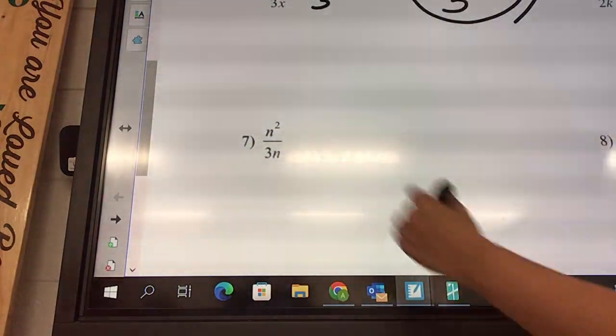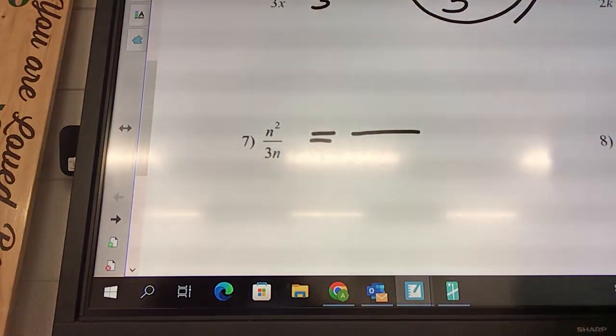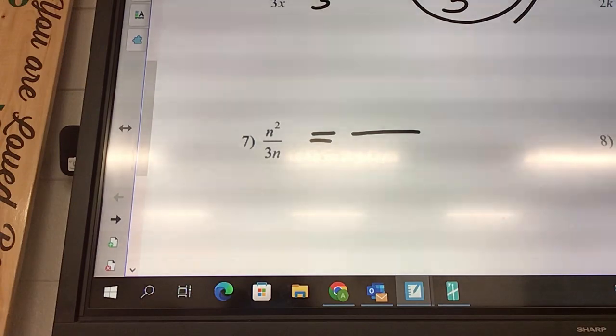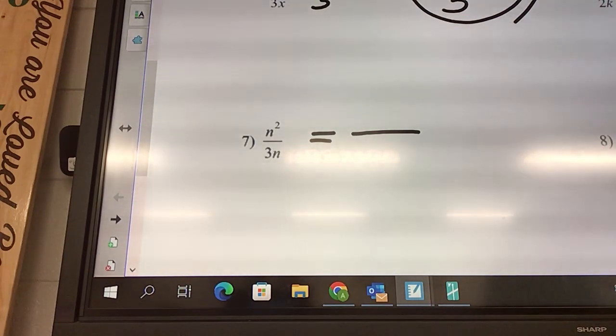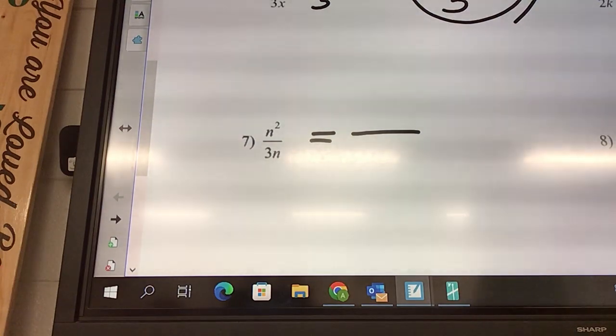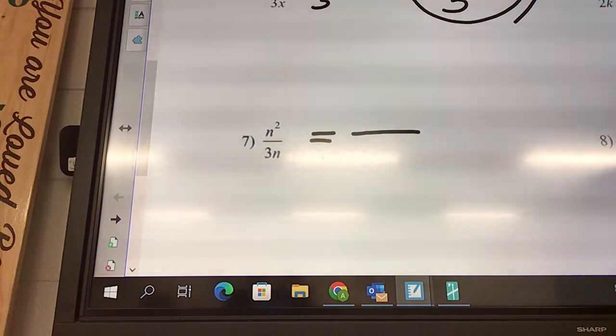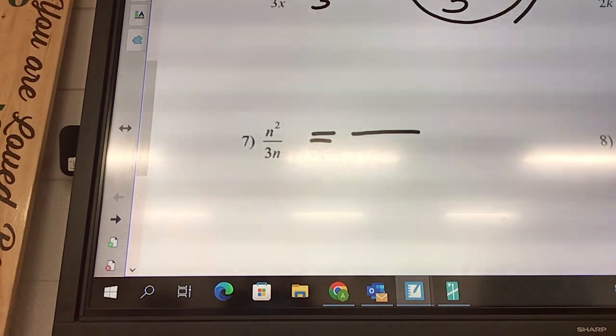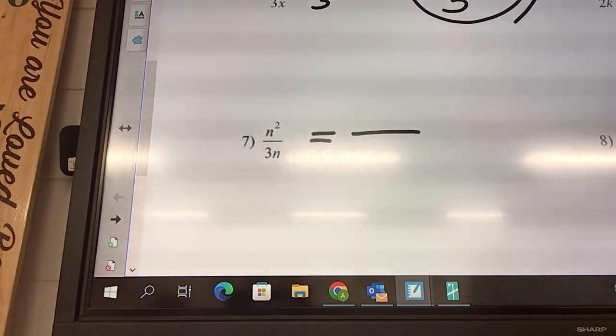Okay, look at 7. What's on the top? 1. So the fraction is really 1/3. Does 1/3 simplify? That's okay if you're not good with fractions. But typically, if there's a 1 on the top, it's not going to simplify.